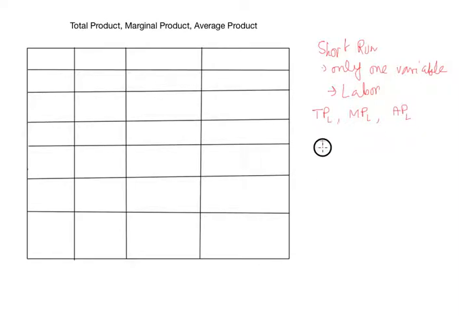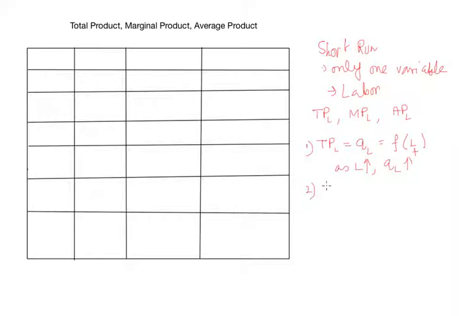Total product of labor, or QL, is a function of L, and it is a positive function. That means as L increases, QL increases. So that is number one.